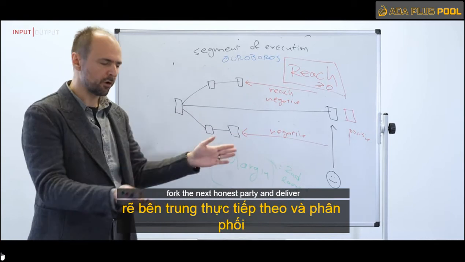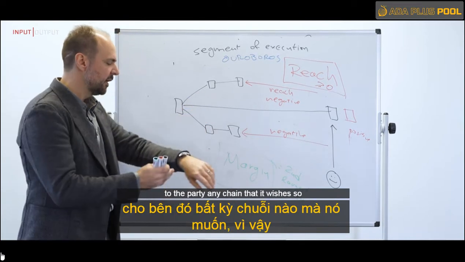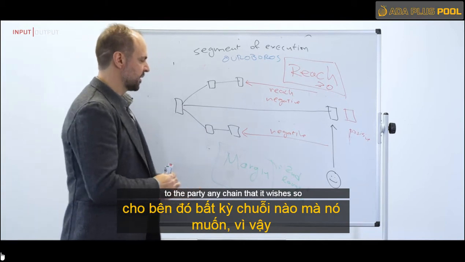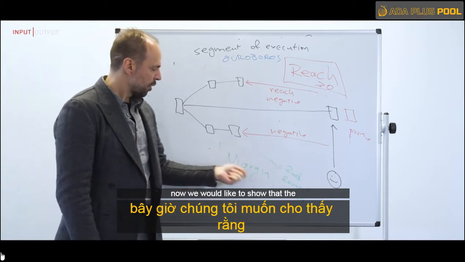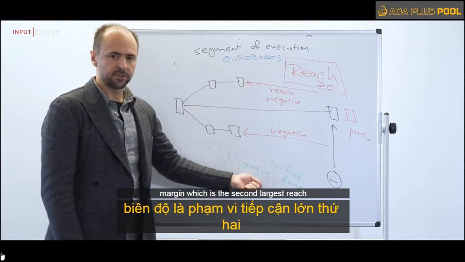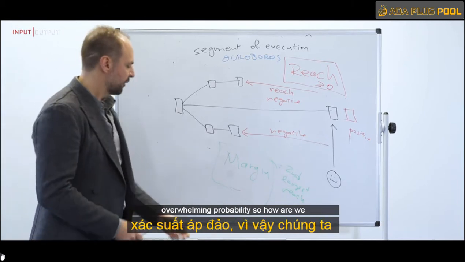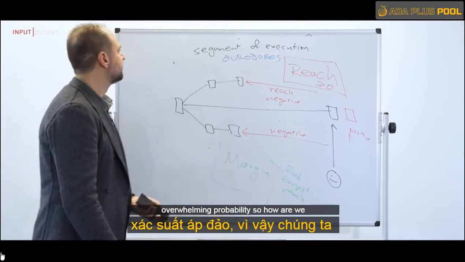The adversary can fork the next honest party and deliver to the party any chain that it wishes. So now we would like to show that the margin, which is the second largest reach, is always going to be negative with overwhelming probability.